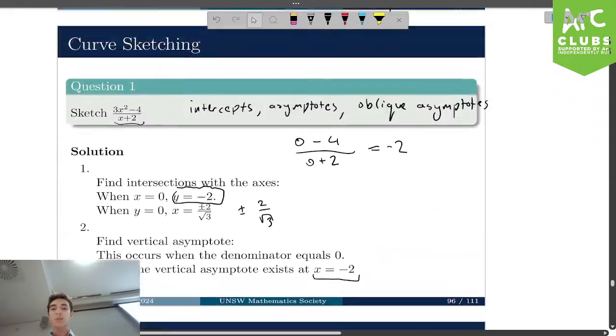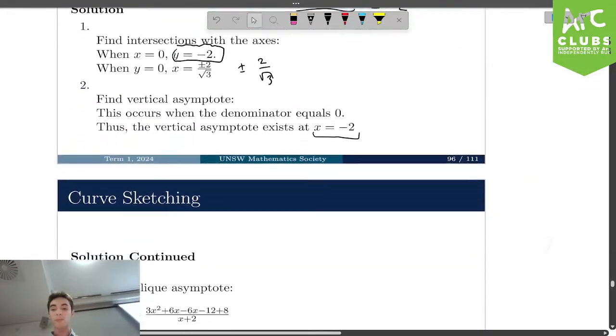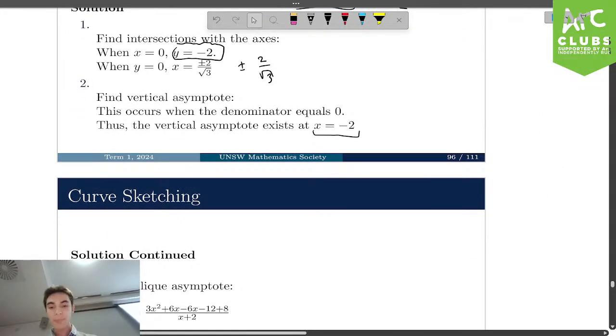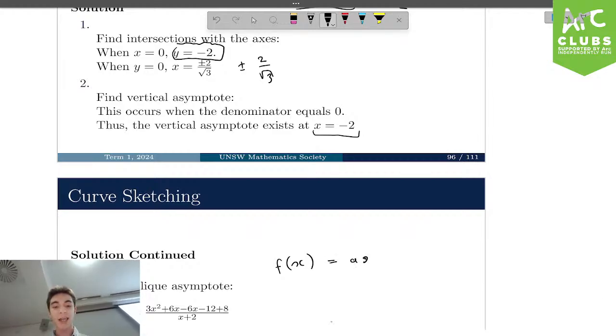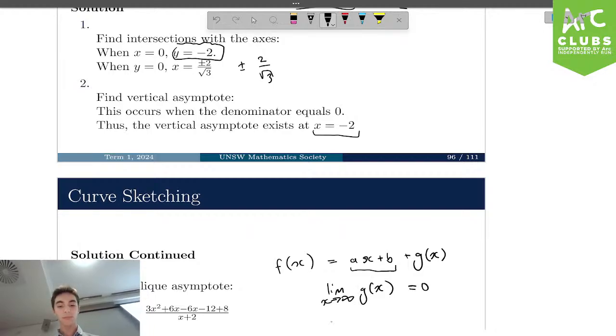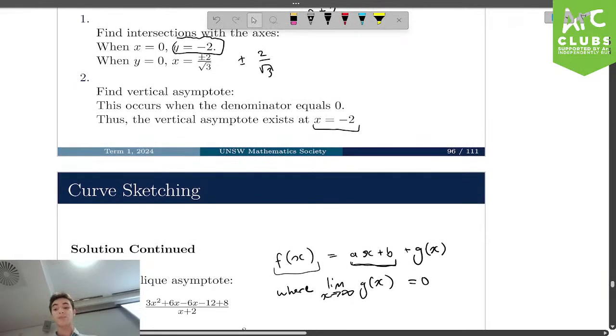How we find that is we try to put the function into a form that looks like a line, that'll be our asymptote, plus some function g of x that goes to 0, okay? That's how we actually determine our oblique asymptote, because if this function g of x goes to 0, then our function f will get closer and closer to the value of this line as x goes to infinity, which makes it an asymptote, okay?